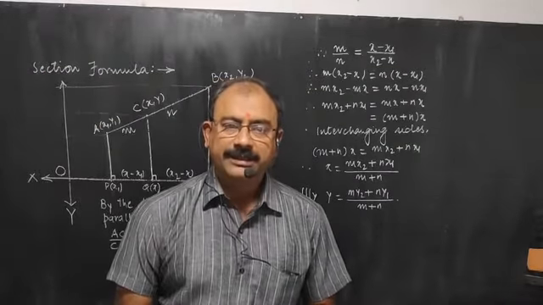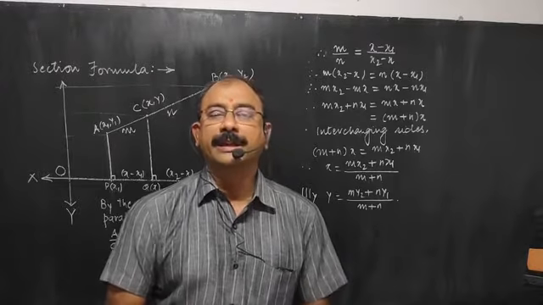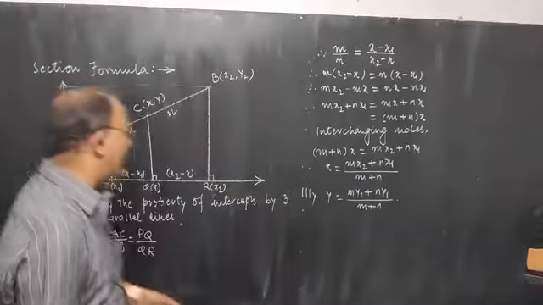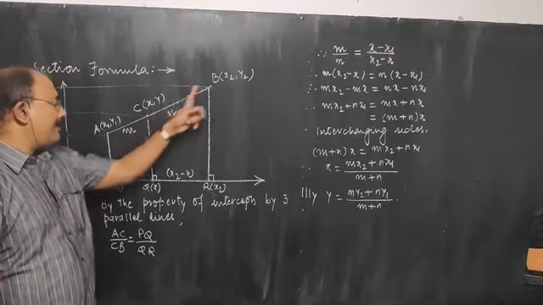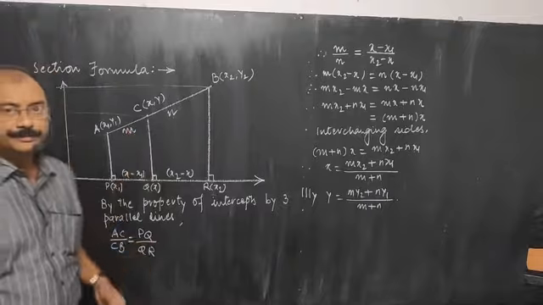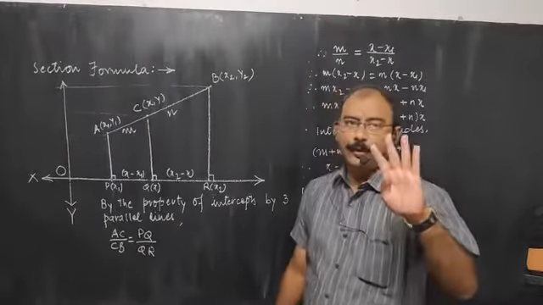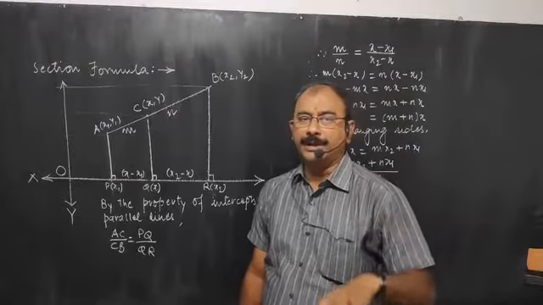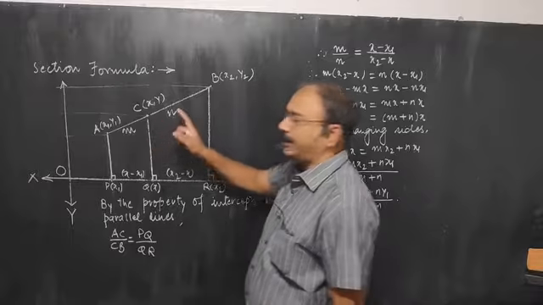In fact, you will find that there are 4 things involved in this equation or in this derivation: point A, point C, point B, and the ratio. Okay, you are given how many things? 3 given, the 4th you can find. Now A, B, C, and the point of division.